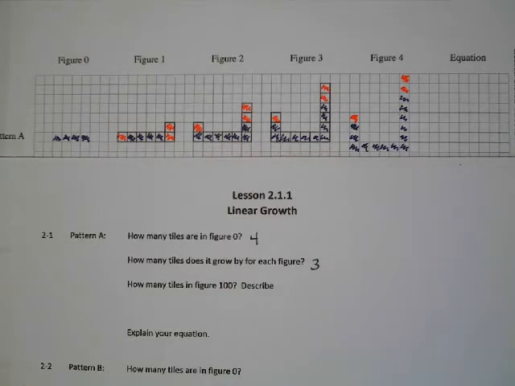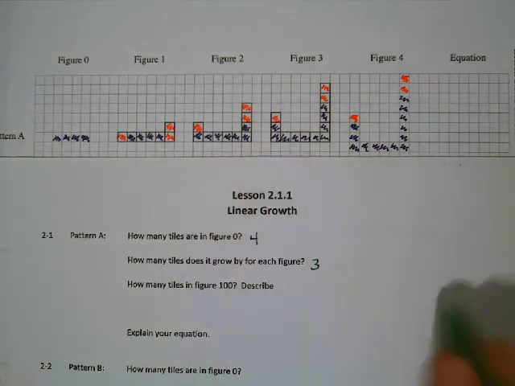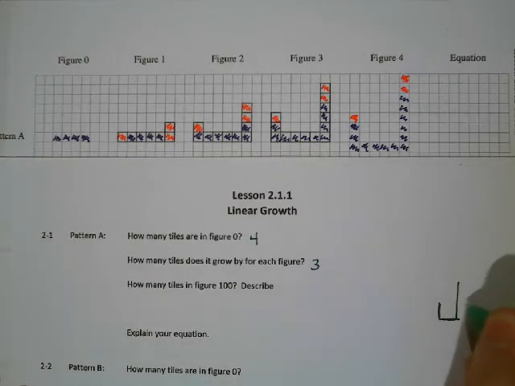So what is the pattern that's happening there? Well, if I had to describe what's going on here, it looks like I have the 4 in the middle, and then this side is the one that's growing by 1 each time, and this one is growing by 2 times the figure number.